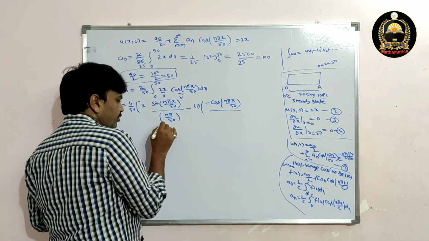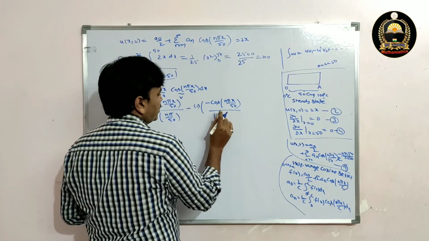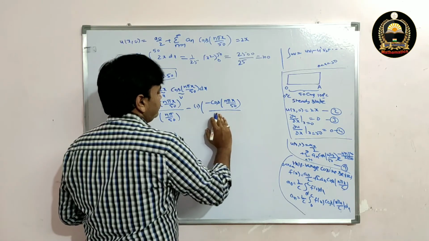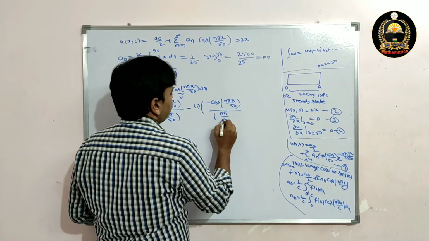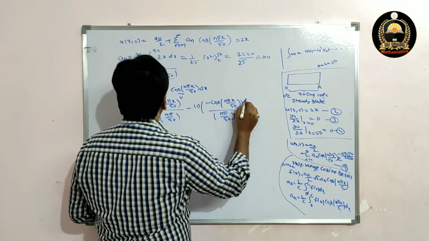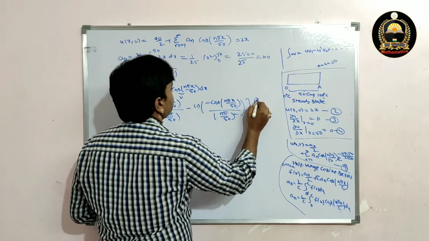Already I have n pi by 50, so we get n pi by 50 whole square, bracket close, between the limits 0 to 50.